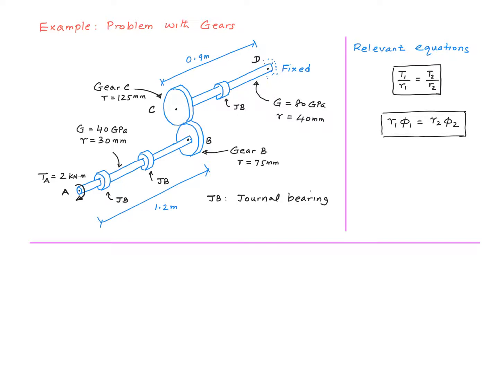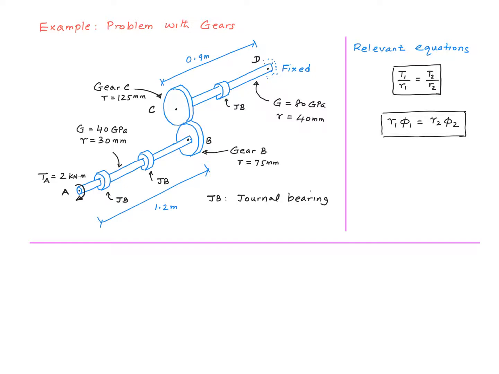If you recall from statics, journal bearings are bearings that will hold the shafts in place but allow smooth rotations, right? A torque of 2 kilonewton meter is applied at point A. So obviously this torque is going to be transferred to gear C through gear B. So you can think of gear B as the driving gear and gear C as the driven gear. Of course, there's not going to be any continuous rotations here.